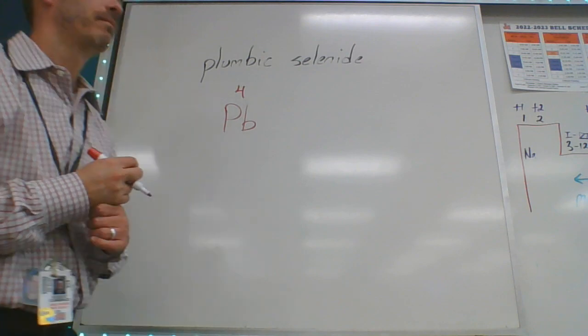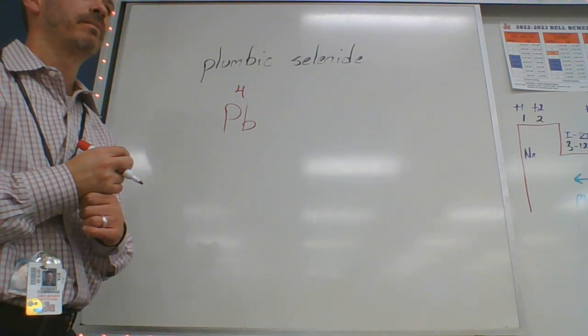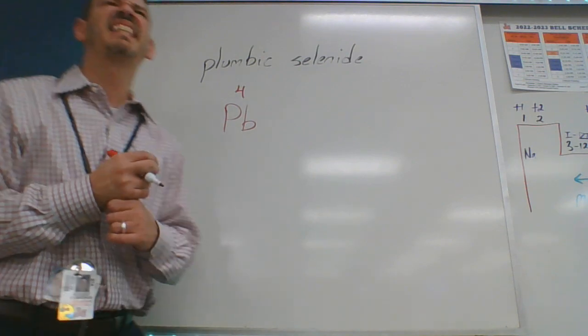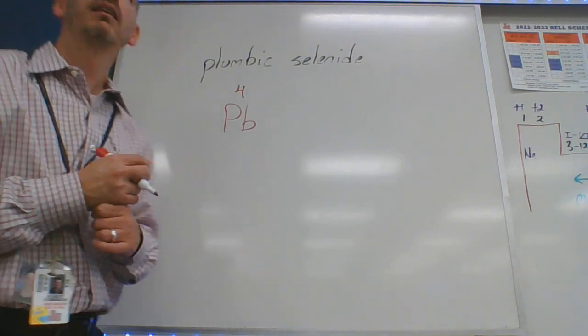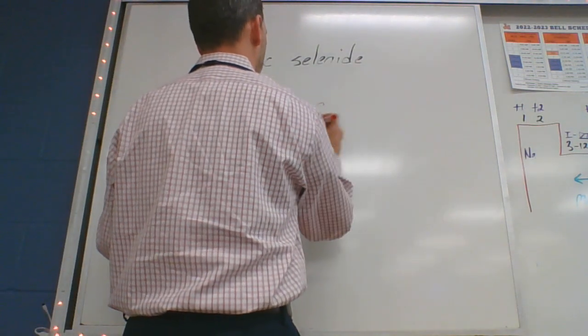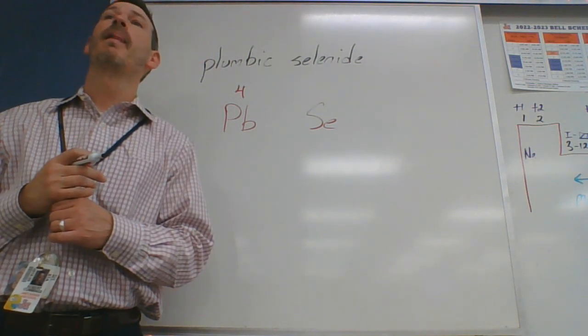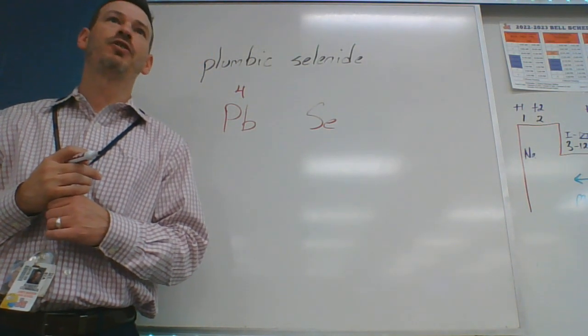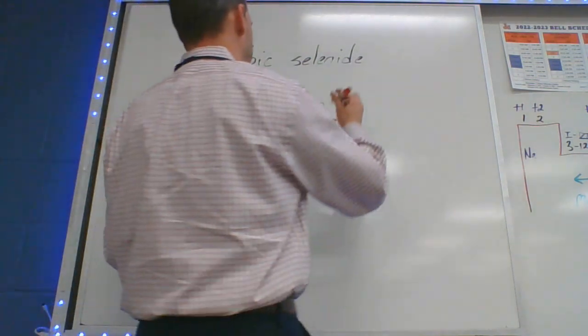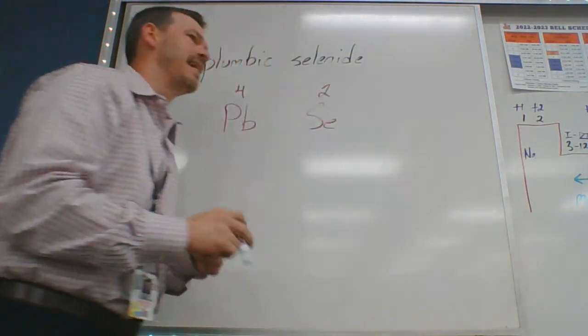All right? Do you see it? What about selenide? What element is selenide? It's just selenium. All right? What is selenium's oxidation state? -2. Selenium lives in group 16, so it's -2.